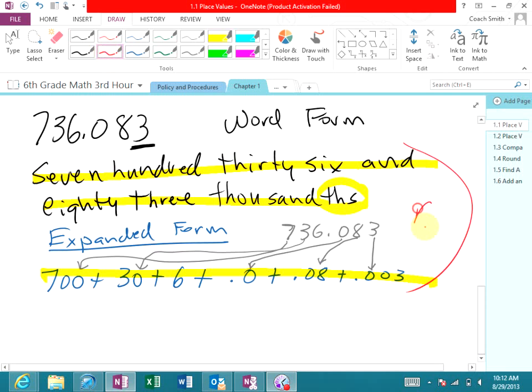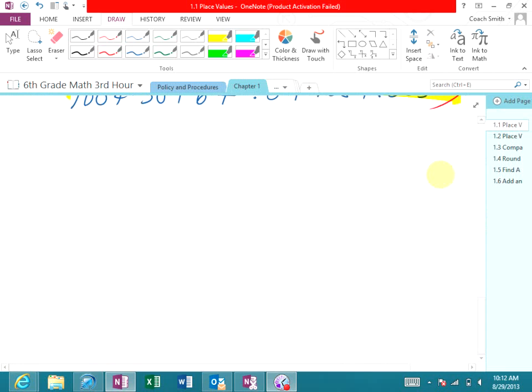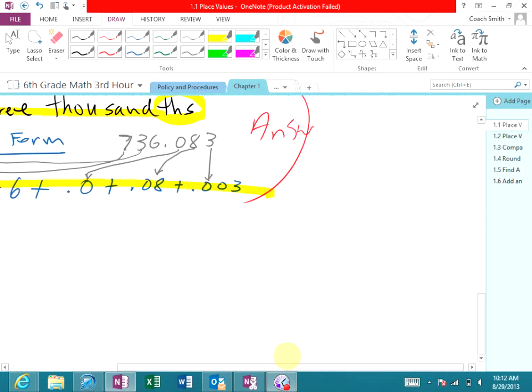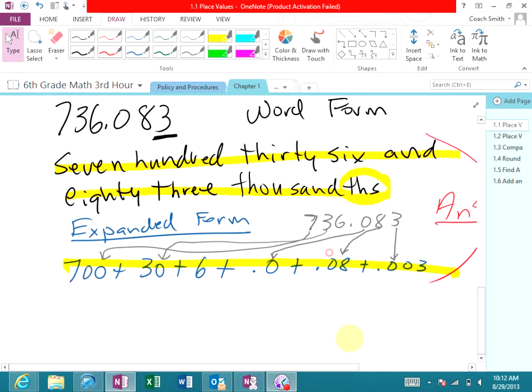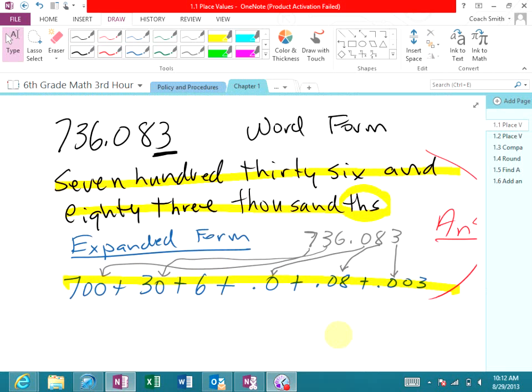This is the answer. What problem is that? Is that 9? So that's the answer to problem number 9. Now, obviously, you don't have to draw all the little arrows and things like that. Just the highlighted one is your answer. This and this.